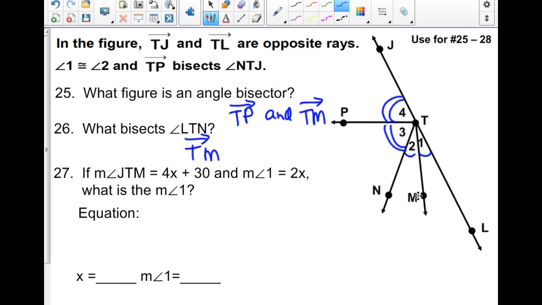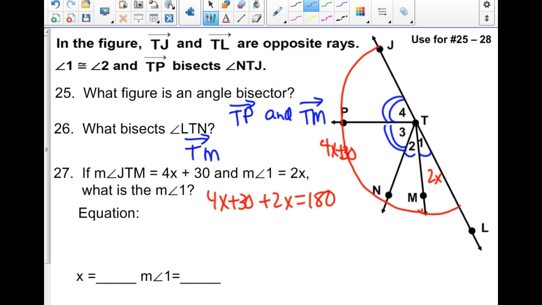If the measure of angle JTM is 4x plus 30, that's almost that whole thing, and angle 1 is 2x. So this is 4x plus 30, and then this angle over here is 2x. So these would add up to a whole 180 degrees. So 4x plus 30 plus 2x equals 180.